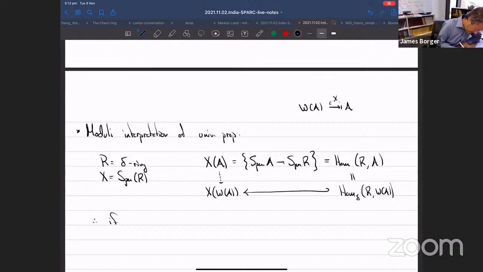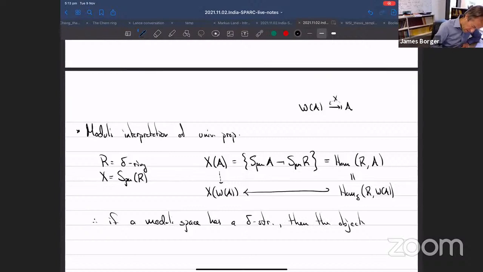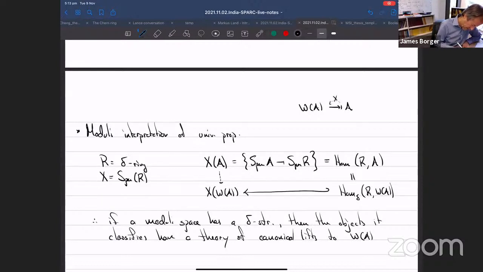Therefore, if a moduli space has a delta structure, then the objects it classifies have a theory of canonical lifts, lifts to W, say, over A.